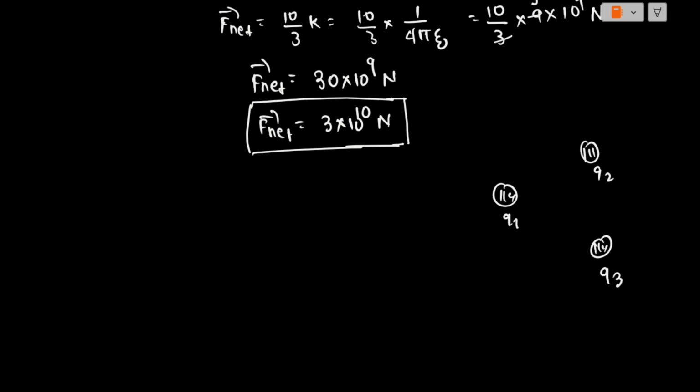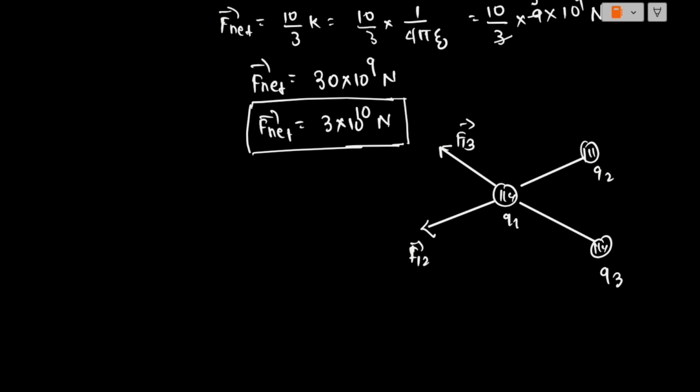So the q2 charge applies force opposite to the direction of itself. They repel each other, so they apply force in this direction. So this is F12, and the q3 charge applies force in a different direction, actually the opposite of r13. So this is the direction of F13, right?